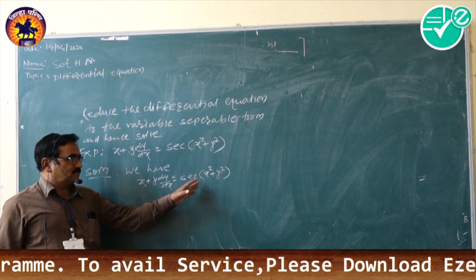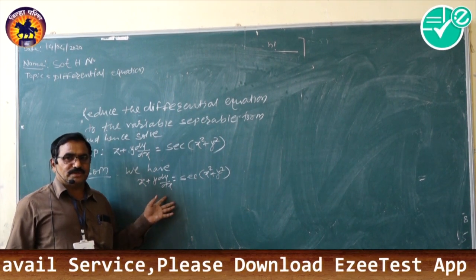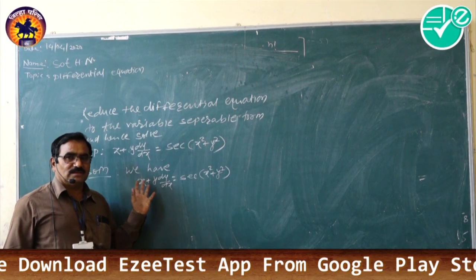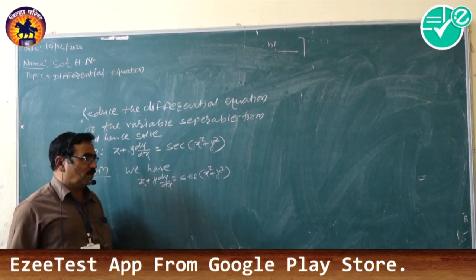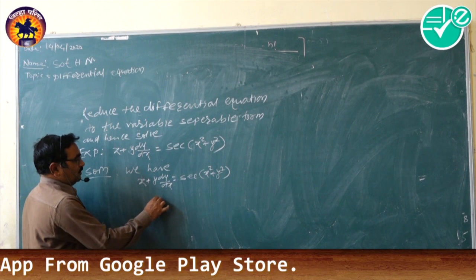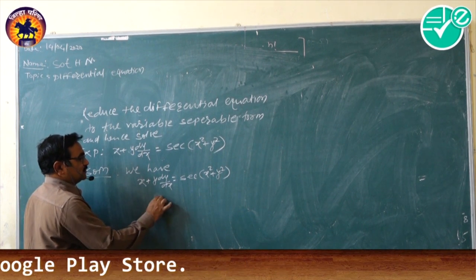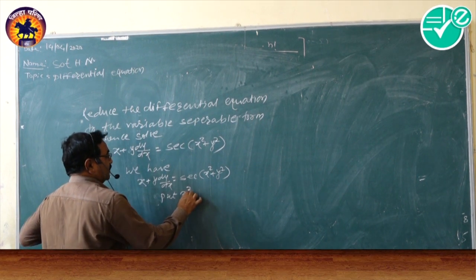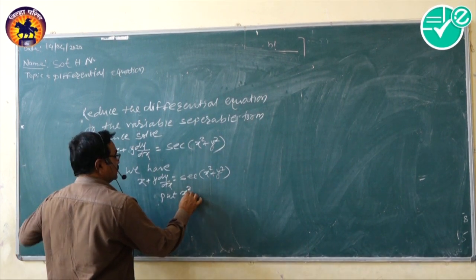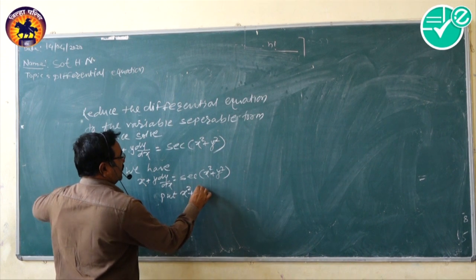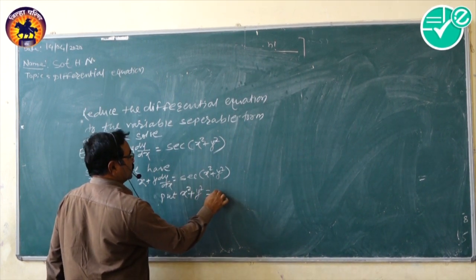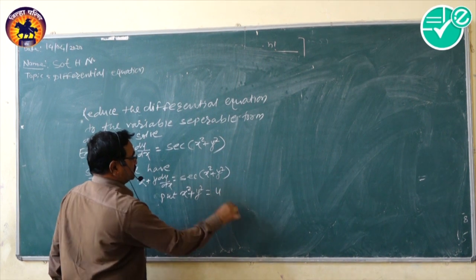We cannot separate the coefficients of x and y in this equation. Therefore, we put x² + y² = u.